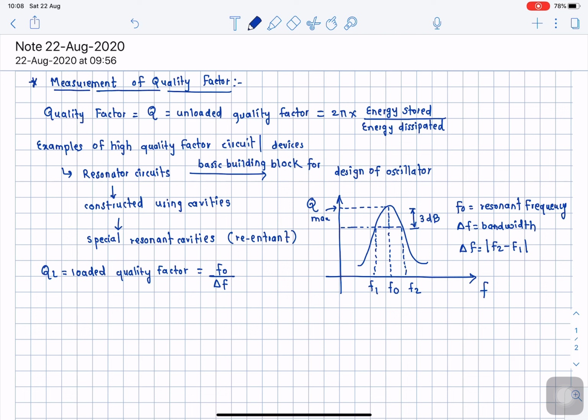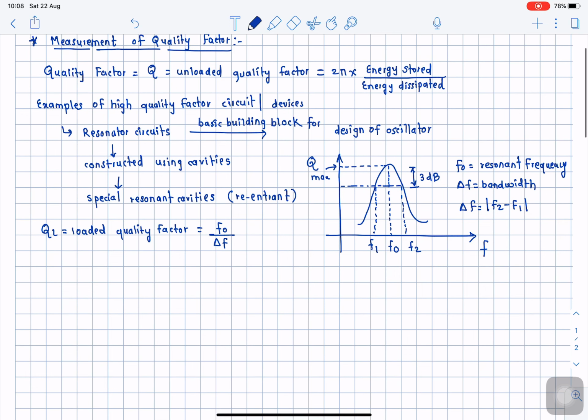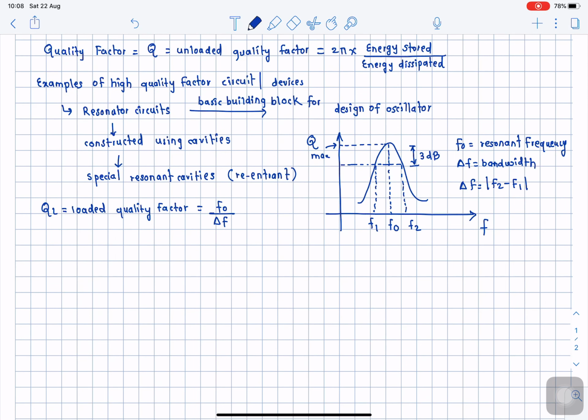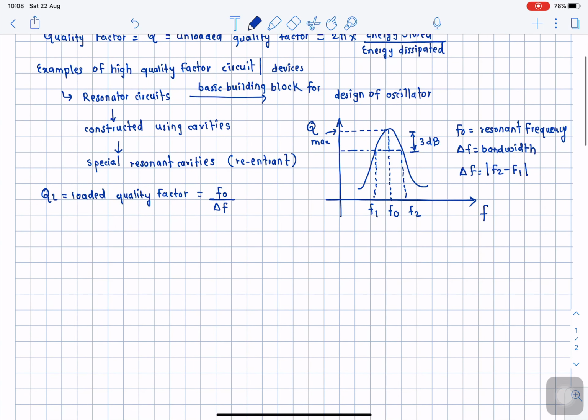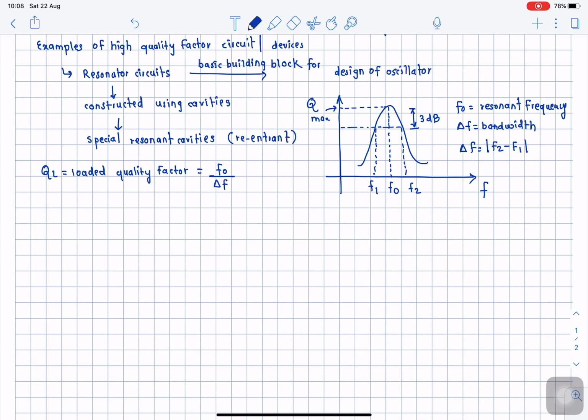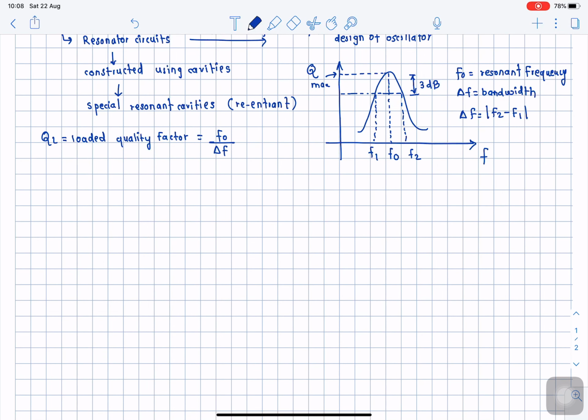Again, as we already discussed, we are going to make use of an inexpensive laboratory setup, with a reflex klystron tube as the source of microwave and the waveguide test bench setup, in order to measure the quality factor of a given resonant circuit. First, I will draw the measurement setup.